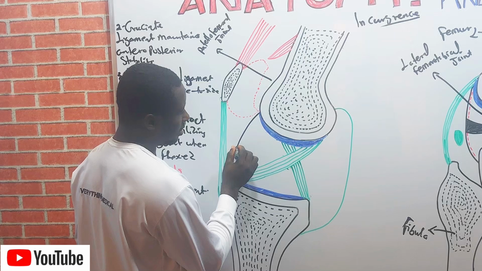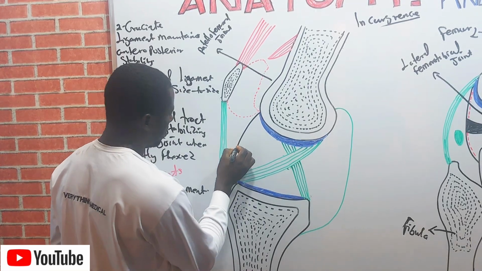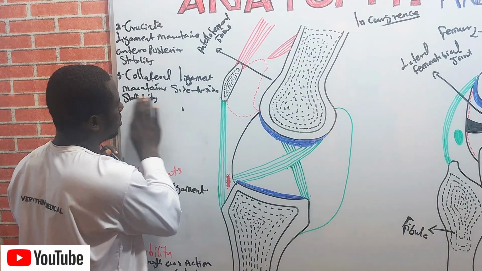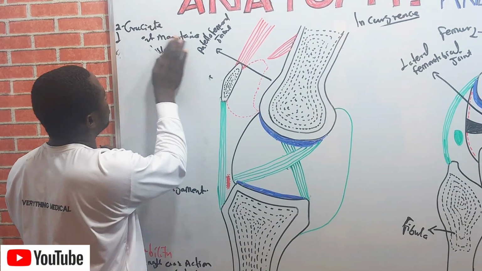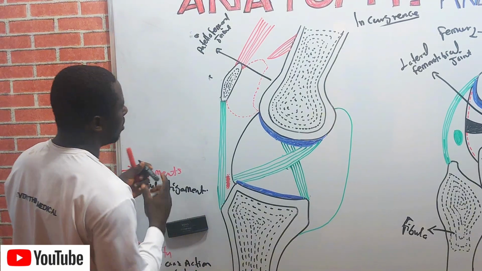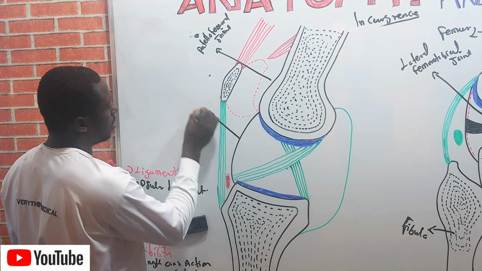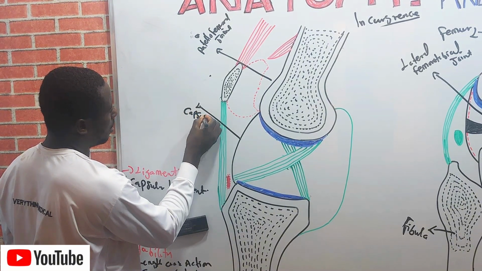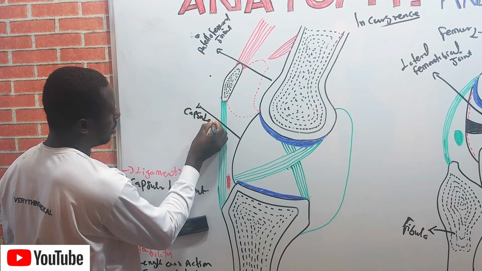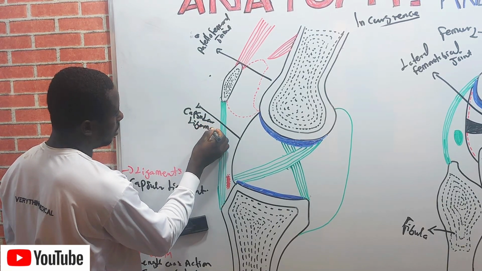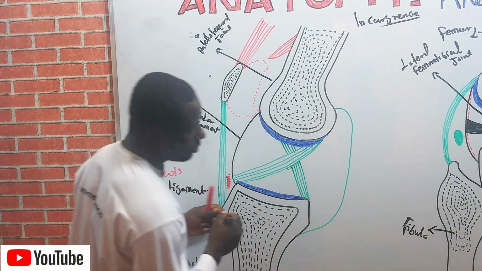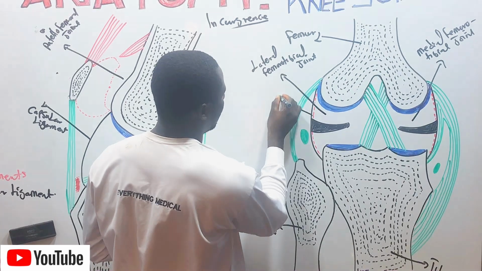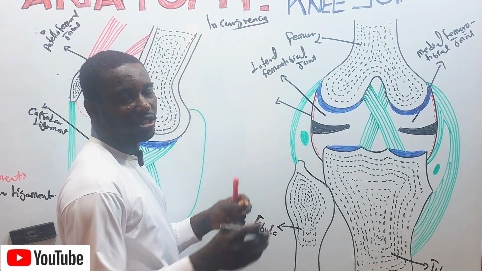This is the capsular ligament. Here also are the capsular ligaments, because the capsular ligament is a thin fibrous sac that surrounds or encloses the joint cavity.